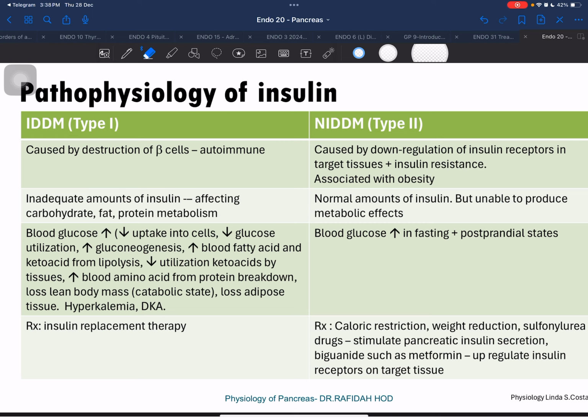But in here they just mention association with obesity.